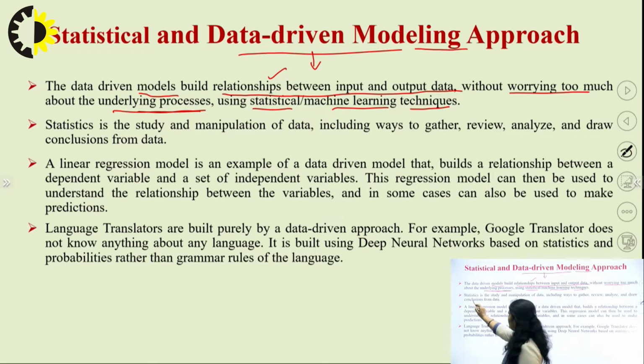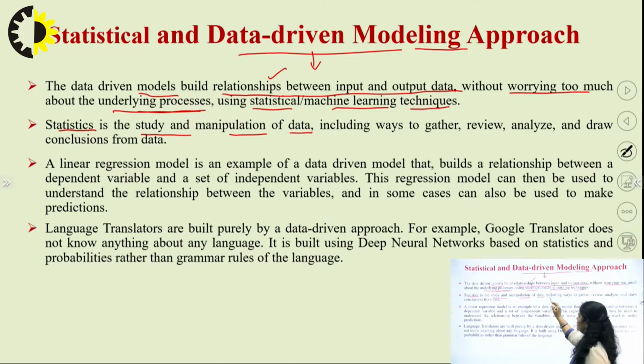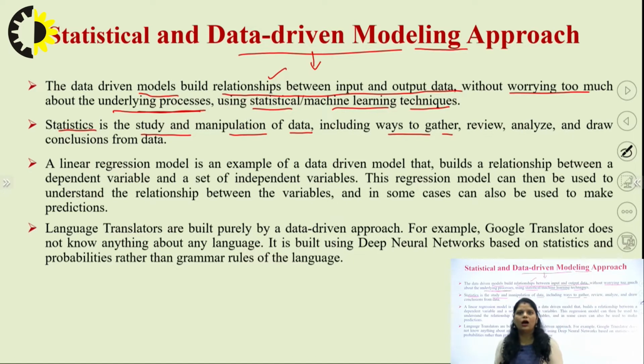Now, what is statistics? It is the study and manipulation of data, and this process includes the ways to gather the data, meaning how we collect the information. After collecting all the information related to a specific activity, we review that data, and after reviewing we analyze it and draw the conclusion.